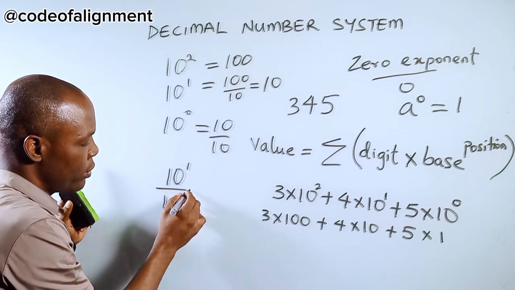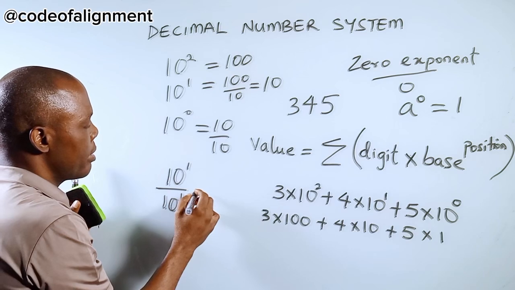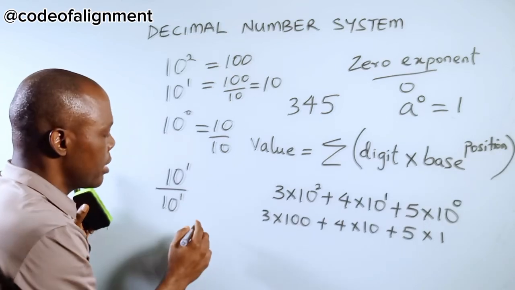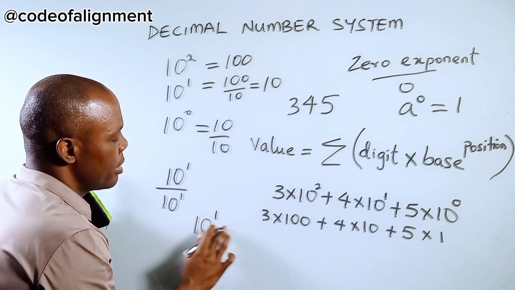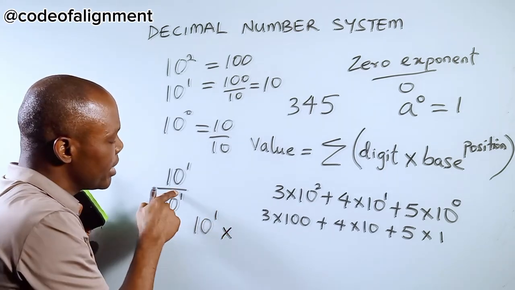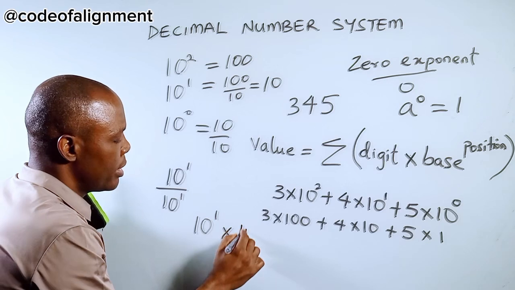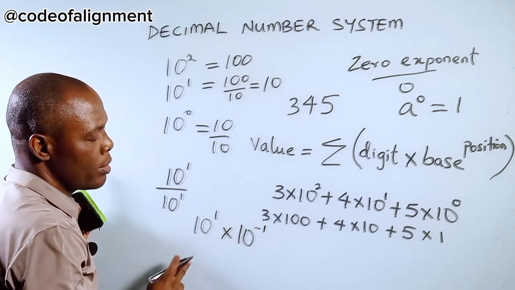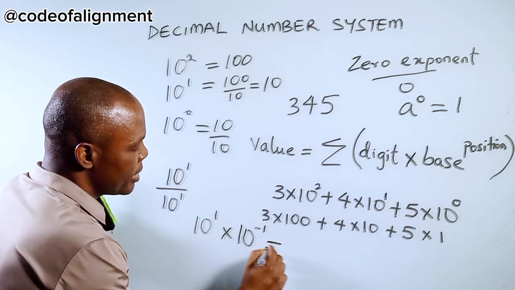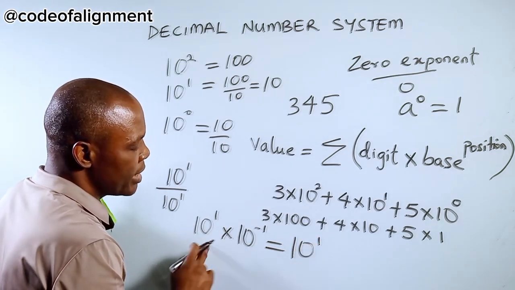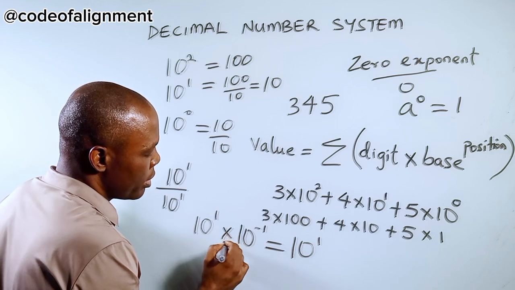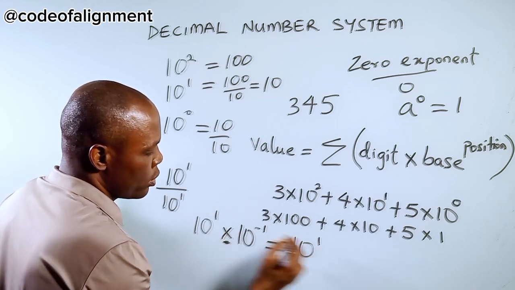So this is division. Then for the rule to be correct, we now say 10 raised power 1 multiplied, if you are changing this to multiplication, 10 raised power what? Minus 1. Then we agreed that if the base are the same, this one will become plus.